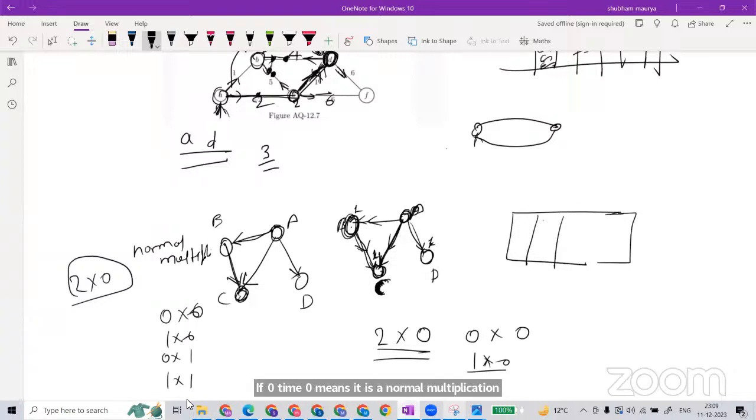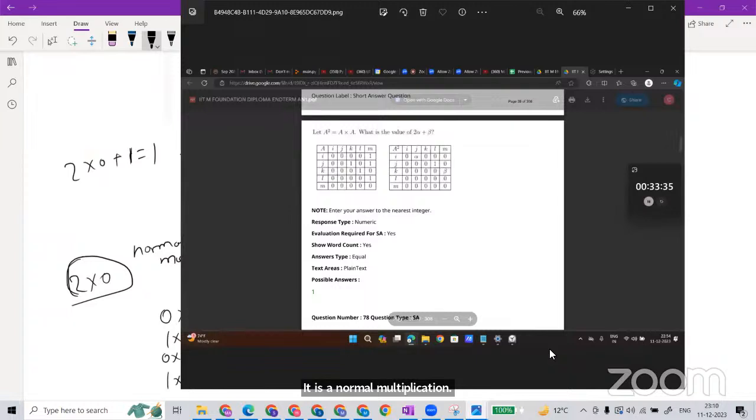This is not a binary multiplication, this is normal multiplication. In that case, if it is 2 times 0, and beta is 1, then it is going to be 1. But then this is a normal multiplication, and it should be written in brackets that it is a normal multiplication. Then it is correct. Otherwise it is not correct.